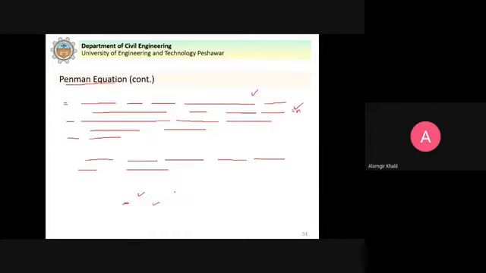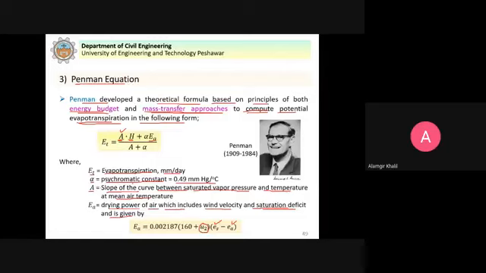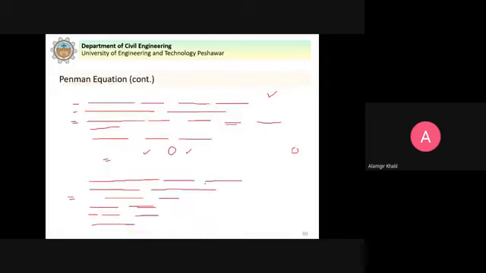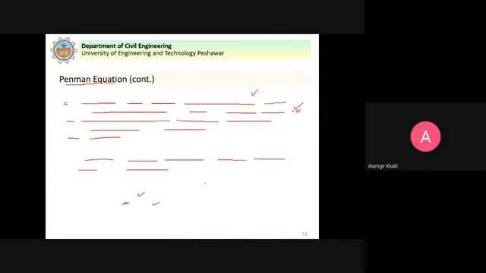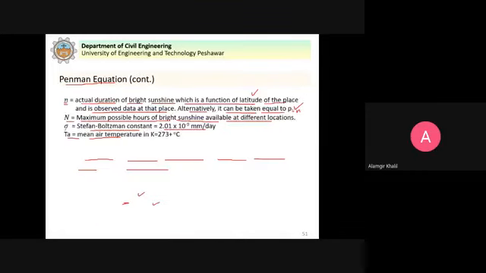Clear? In the equation we already discussed them here. This alpha psychrometric constant 0.49, and we have the sigma here, Stefan-Boltzmann's constant.